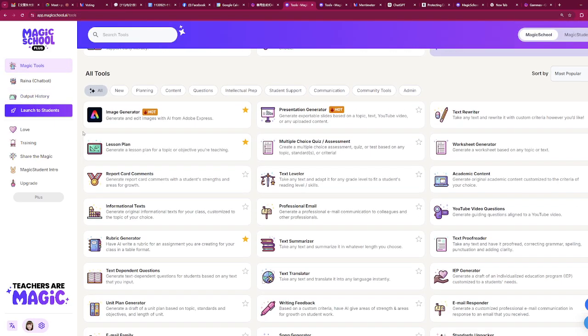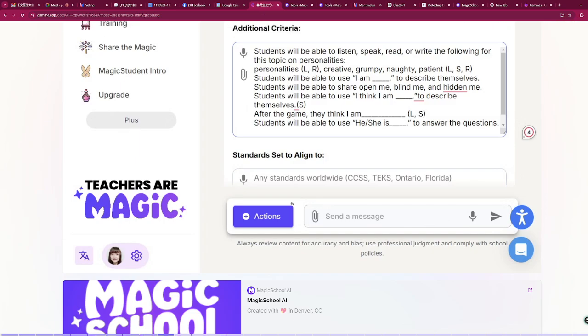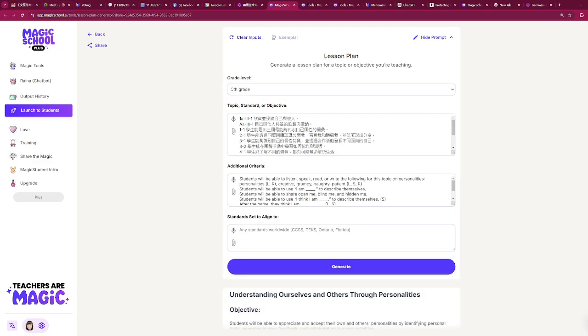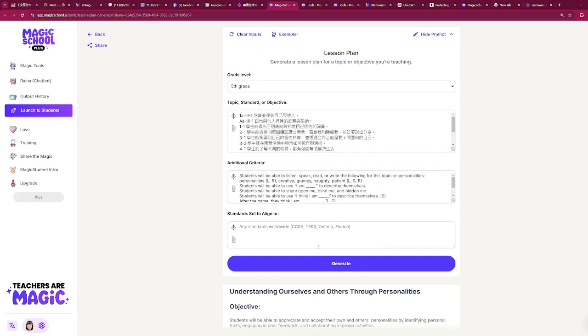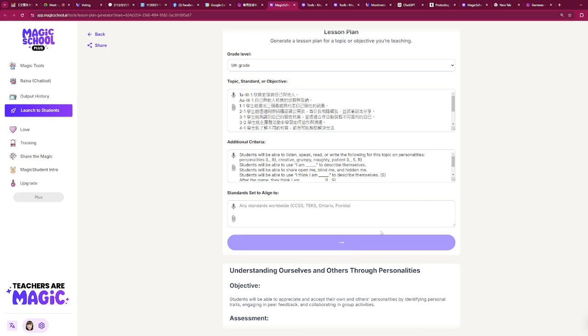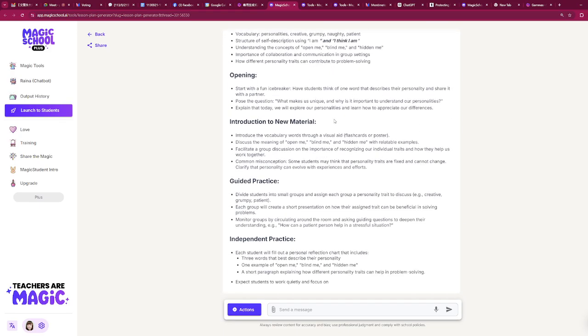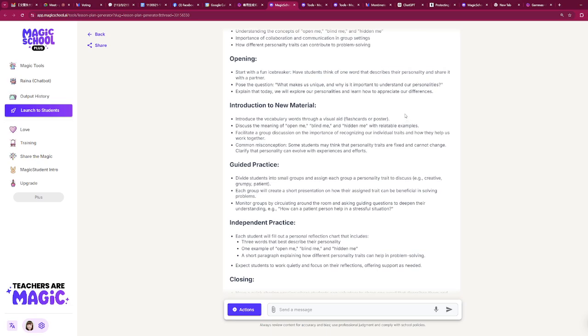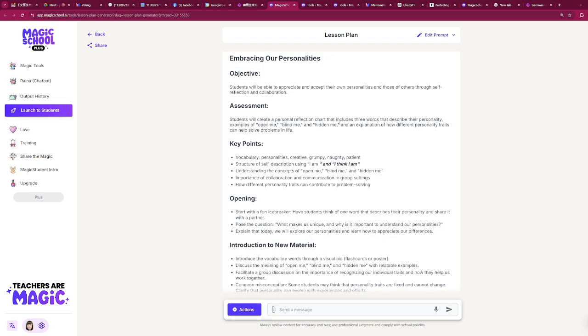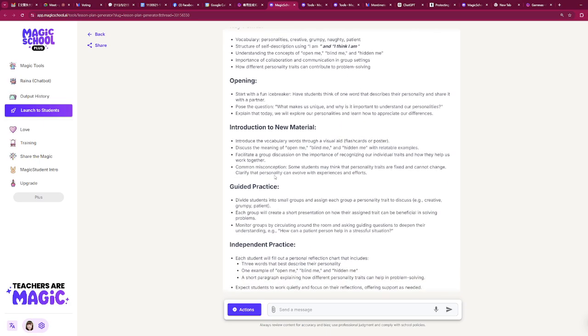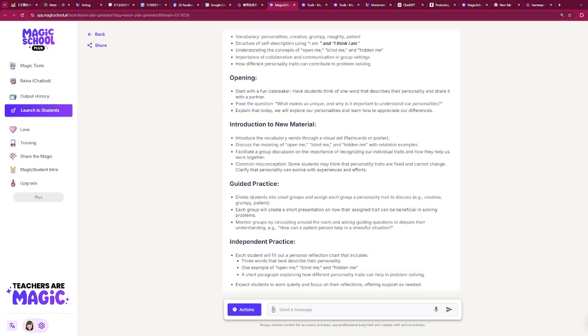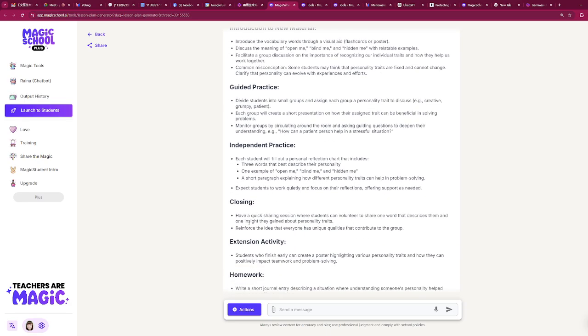But when it comes to the lesson plan, I just showed you the lesson plan that I created. If you input the curriculum standards and the learning objectives, once you hit generate, the lessons are created for you. It's a bit different from our lesson format because it has an opening, introduction to new material, guided practice, independent practice, and a closing.